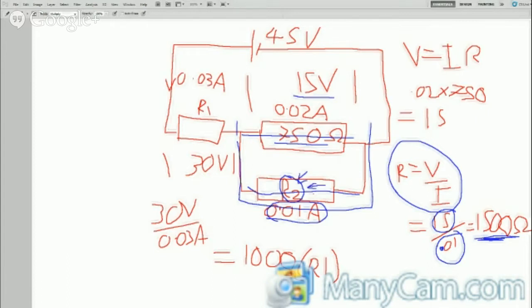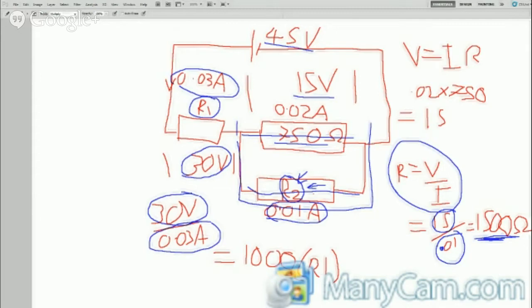Now, Kirchhoff's voltage law: we need a total of 45, we got 15, which leaves us with 30 volts left over as our voltage across R1. We also know the current through R1, that's our 0.03 amps. So again 30 volts over 0.03 amps gives us our 1000 ohms as R1.